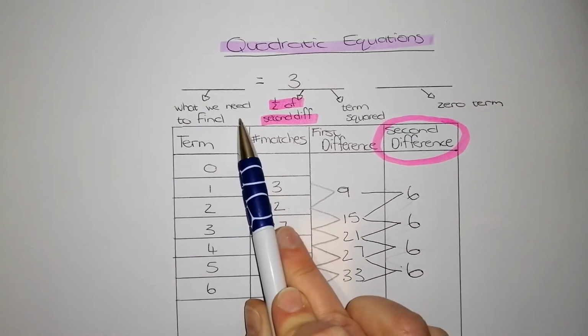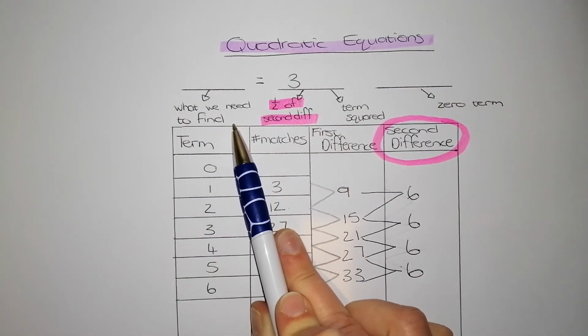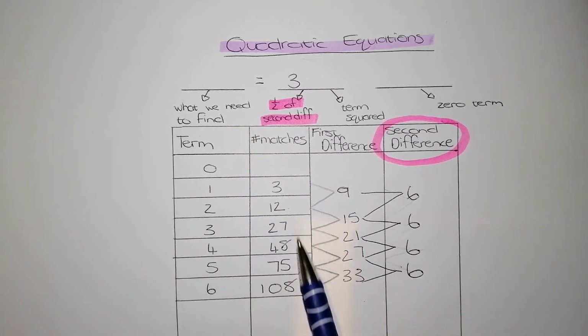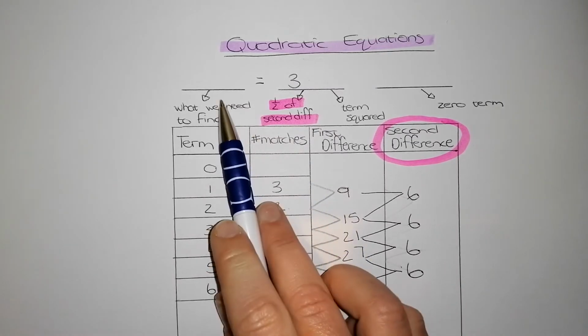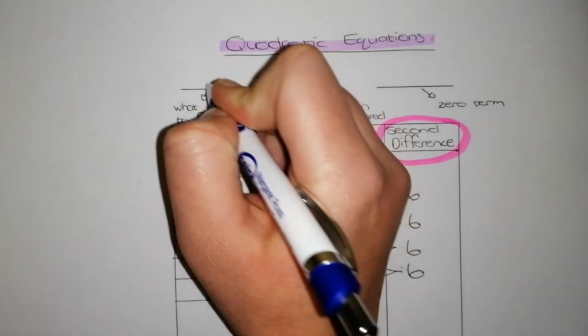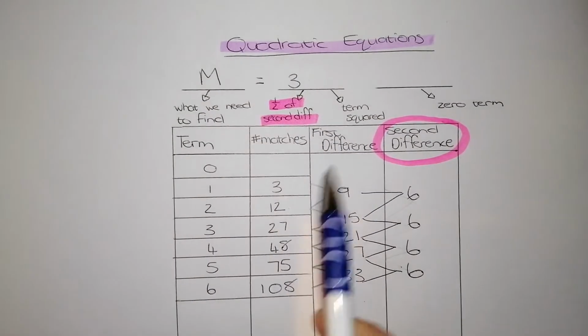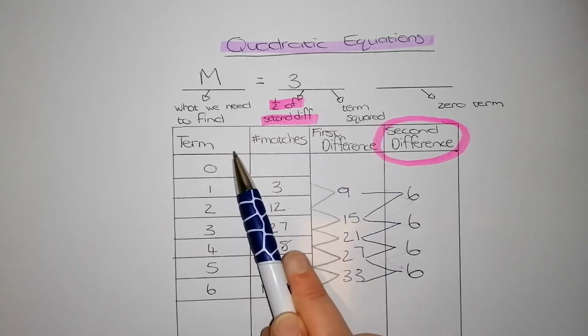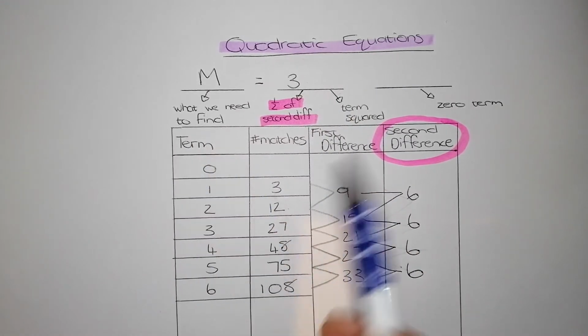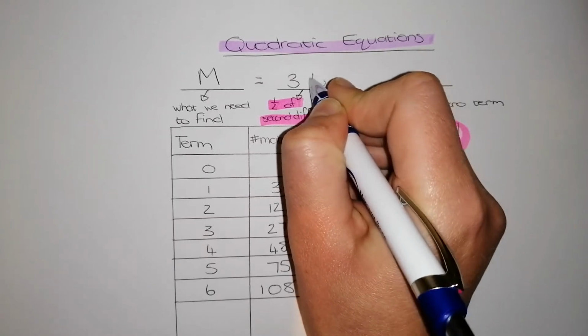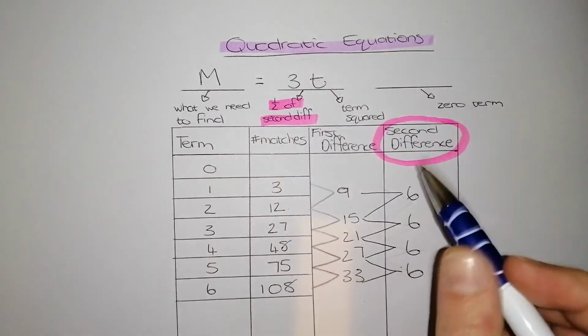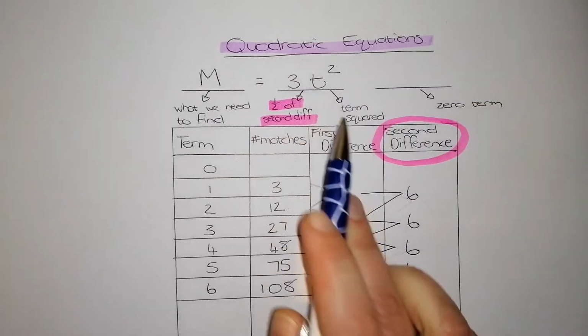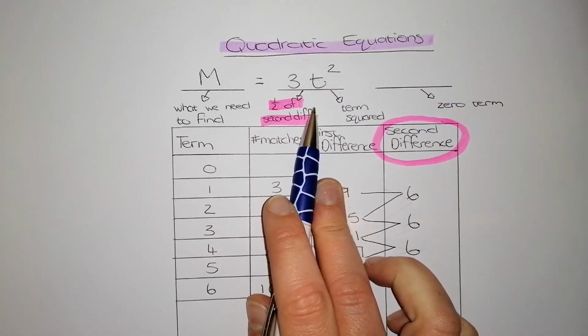In front of my equal sign is what we are trying to figure out, and that is always the values that we have. In this case it is matches, so I am going to write my M up there. The second half of this term is the term squared, so these are my terms, and I will put a T there. Quadratic means squared, so it is going to be a squared equation.